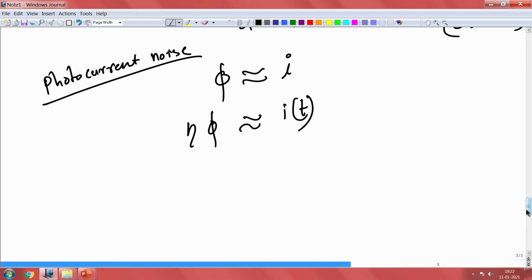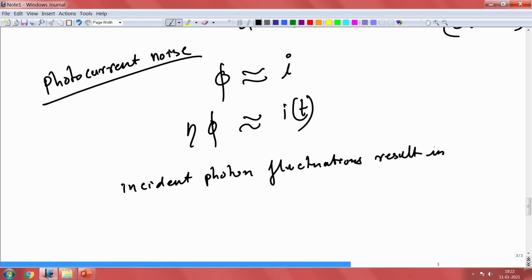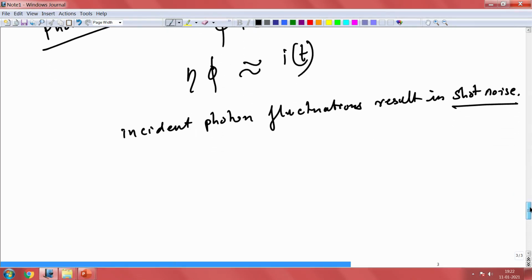But then the fluctuations in the incoming photons would result in what is called shot noise. This is something you might have heard in the basic courses. So, shot noise is a real problem.